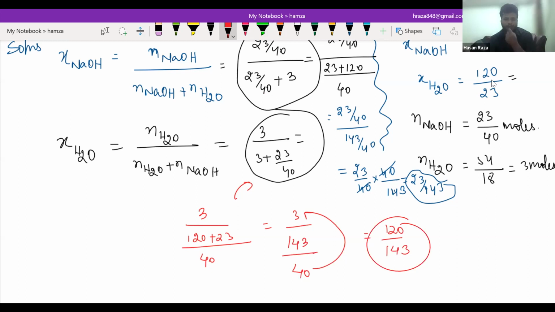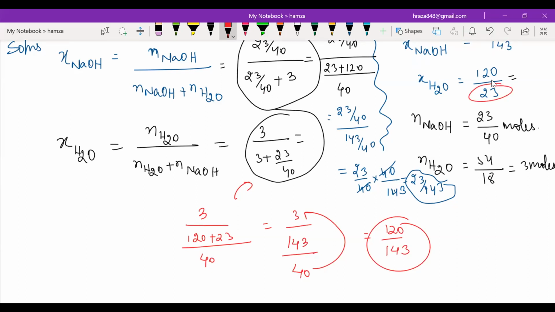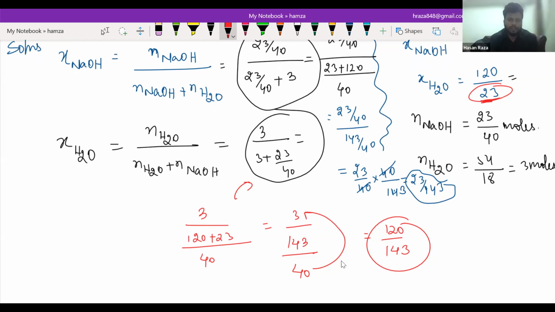This was your wrong answer. Nora, are you getting my point? Yes, sir. You made a slight mistake. This shouldn't be 23. You can see after taking LCM, 120 plus 23 will be 143, and this 40 will go into the numerator and be multiplied by 3, so it will be 120 by 143.